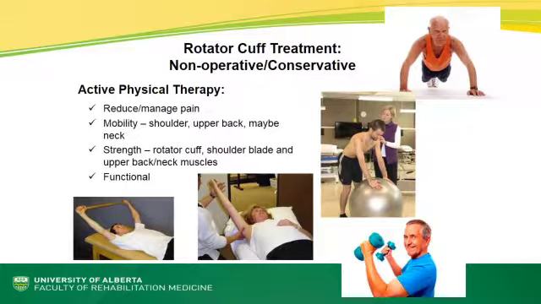So active physical therapy, just to spout on that a little bit more, these really have to be your 4 main categories. When you are seeking help for your shoulder and seeing your physical therapist, you want to make sure you're checking these off. So yes, there should be some address of reducing or managing pain. There should be something to address mobility, and that should be the shoulder region, but also the upper back and even maybe the neck.